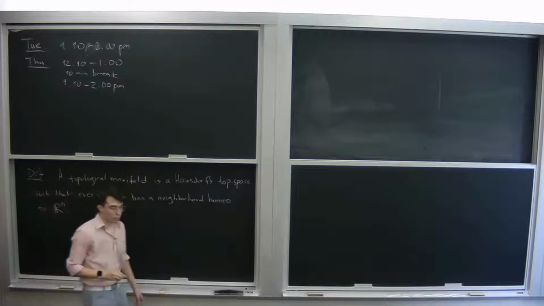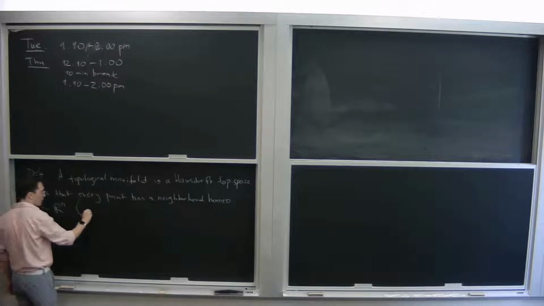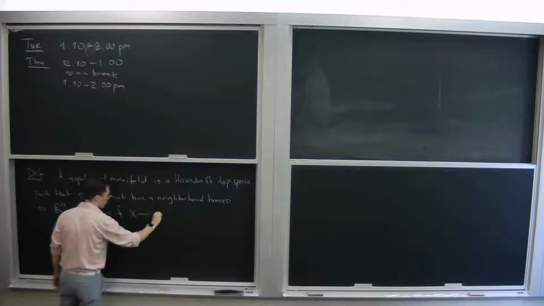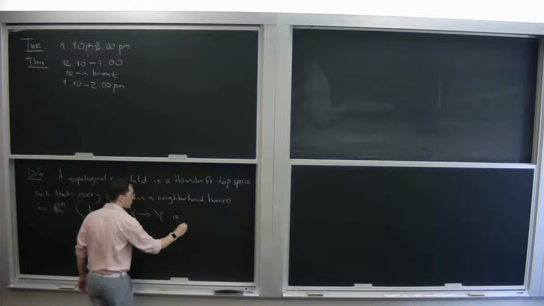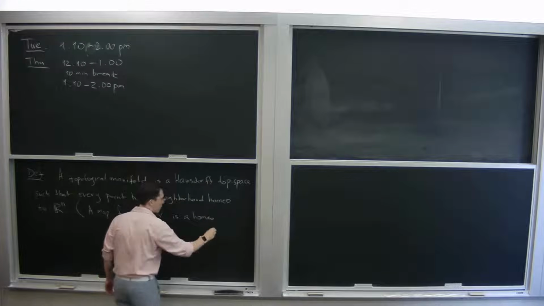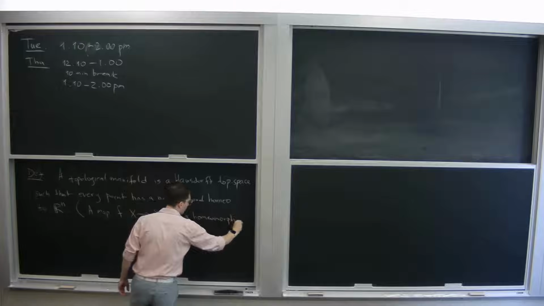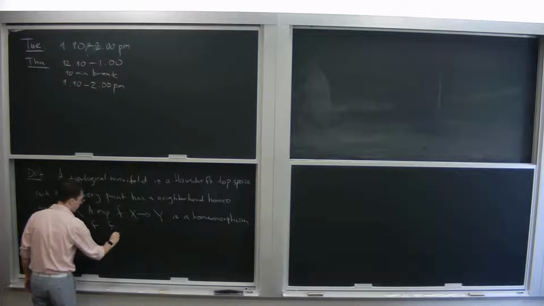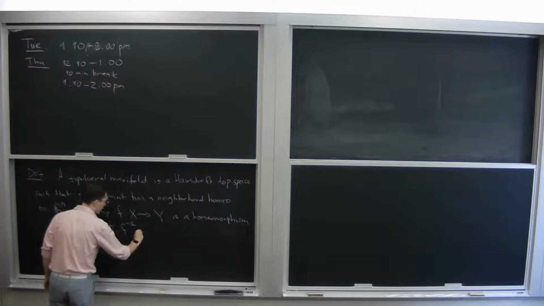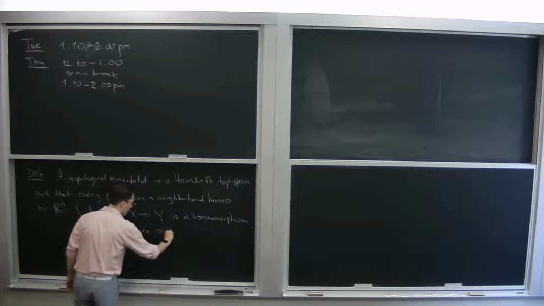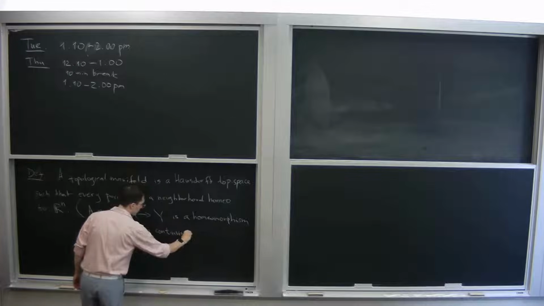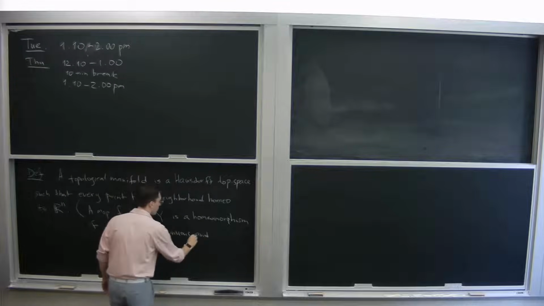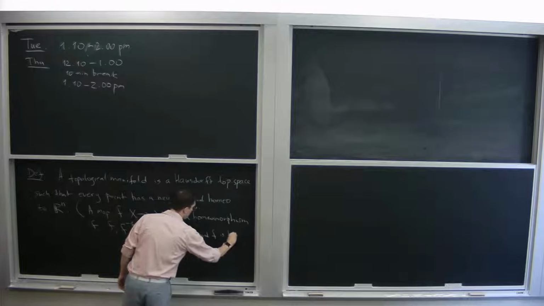I should also remind you of homeomorphism. A map F between two topological spaces X and Y is a homeomorphism if F and F inverse are both continuous, and F is bijective.